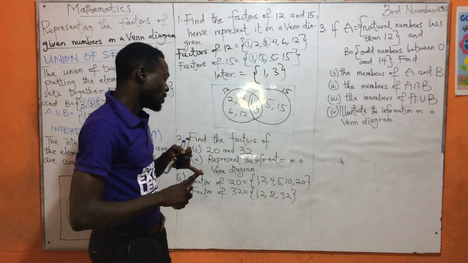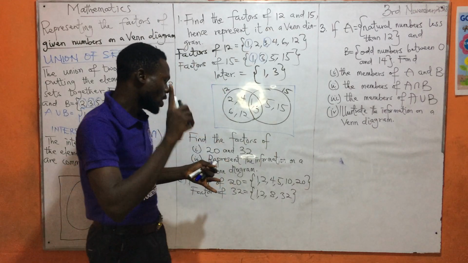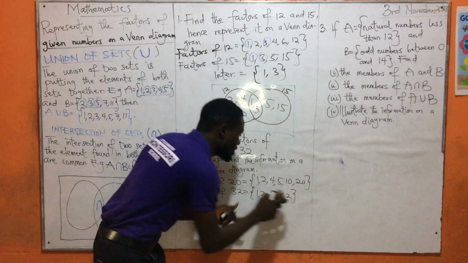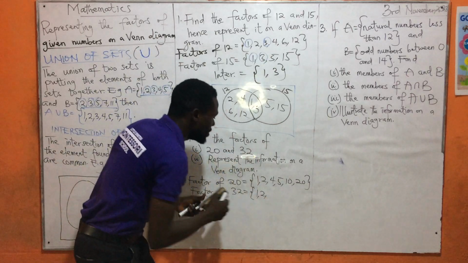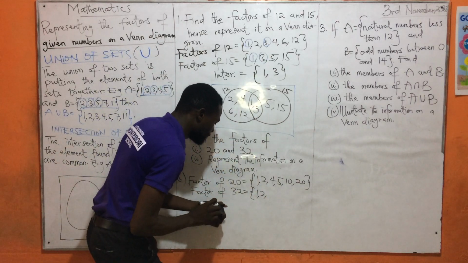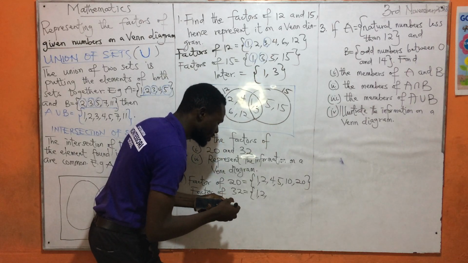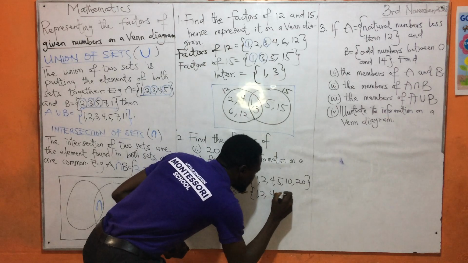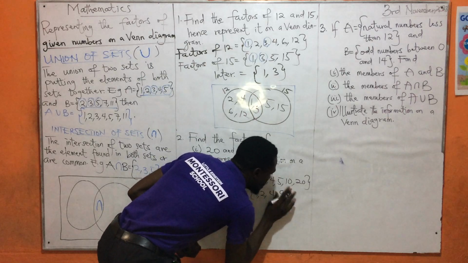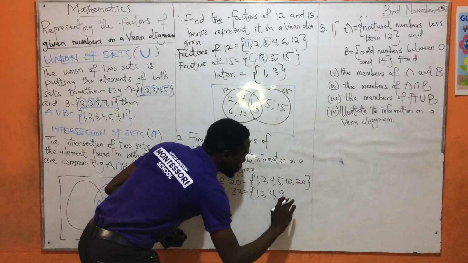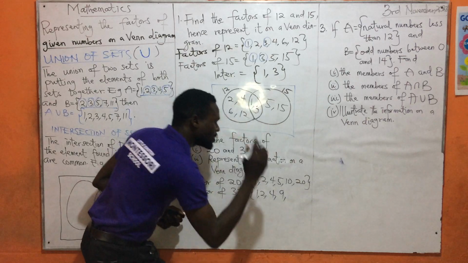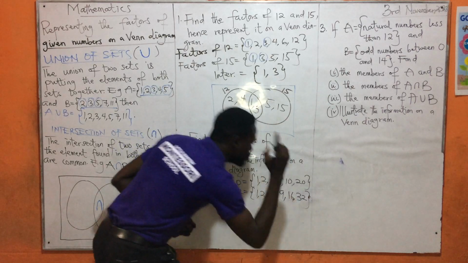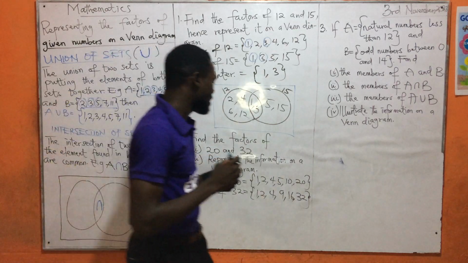So we have 3, no number. 4 times 1, 4 times 2 is 8, 4 times 3 is 12, 4 times 4 is 16, 4 times 5 is 20, 4 times 6 is 24, 4 times 7 is 28, 4 times 8 is 32. So that means 4 is a factor. Then 8, 16, 32. Then finally 32. Good. We nearly made a mistake here.